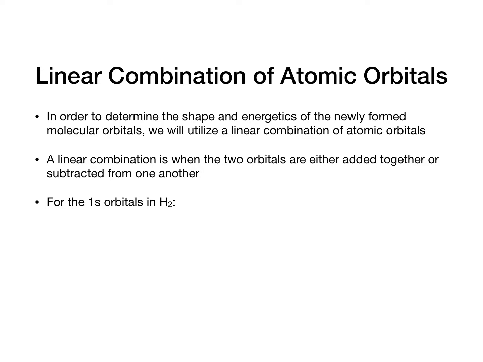We are going to use the linear combination of atomic orbitals, which you'll see annotated as LCAO. The linear combination of atomic orbitals is the way that we will determine the shapes. The orbitals are either going to be added together or subtracted. So let's think about the two orbitals in hydrogen, the two 1s orbitals.